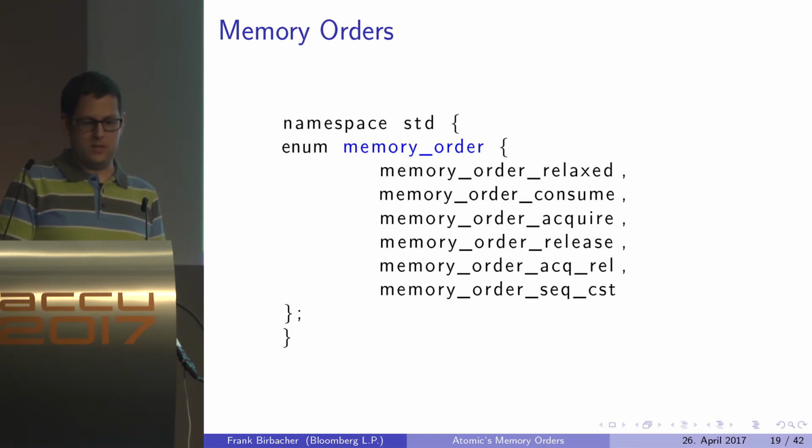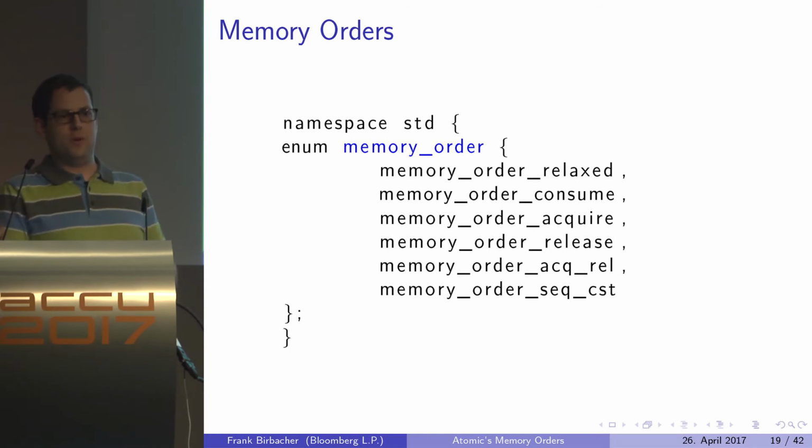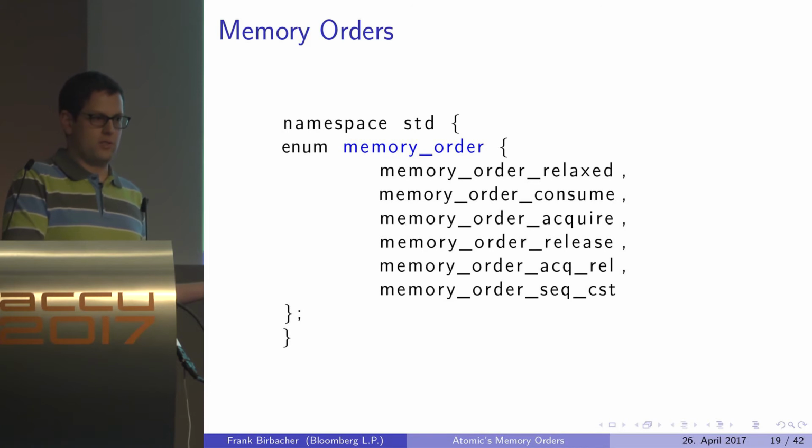And then the sequentially consistent memory order, which is the default order and the strongest one. It's applied to all of the operations if you do not specify any memory order. So if you don't care about memory orders, you just get the strongest ordering, and hopefully everything will be fine. If it's not, then there's no other memory order that can come to the rescue. Okay?